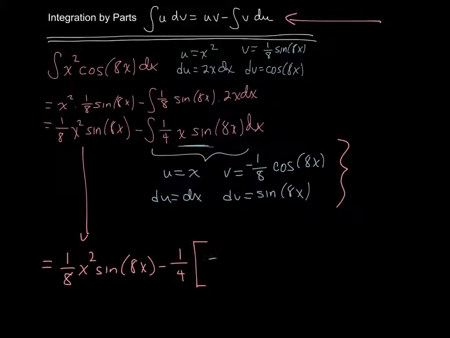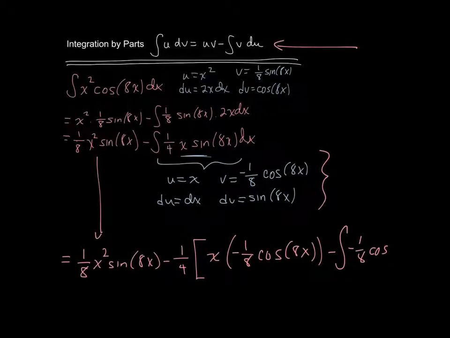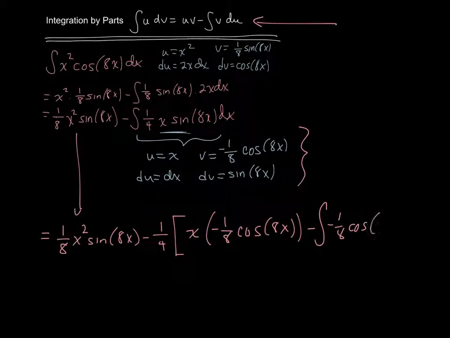So my u, which is x, my v, which is negative 1/8 cosine 8x, minus the integral of v, which is negative 1/8 cosine 8x dx. So I'm home free now, because now I can actually integrate that last piece.